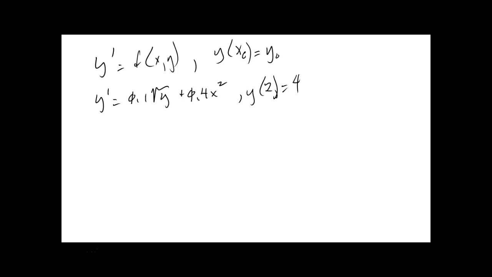Now, can we solve this by any of the methods we've done so far? What's the title of this chapter? First order differential equations. That is the first order. But most of what we've done so far have been separation of variables. You can't do that because you got that plus in there. If that was multiplied, no sweat.